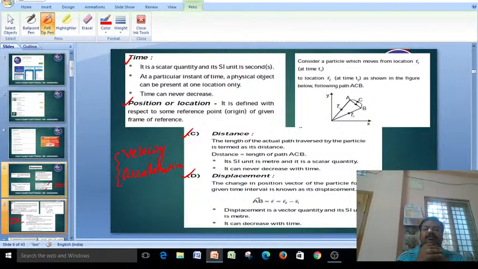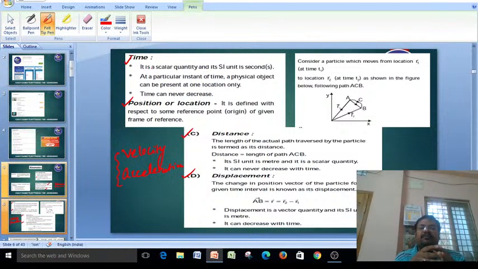So first you have to see the time. Any physical quantity you take may be a scalar quantity or a vector quantity. We know that. So the first parameter is time. It is a scalar quantity and its SI unit is seconds.